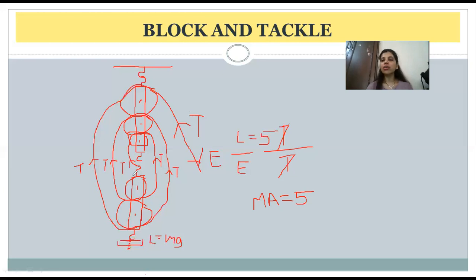And if it is even, the upper tackle and the lower tackle have the same number of pulleys. But when you're drawing the pulleys, the radius should be a bigger one, then a smaller one, then the smallest one, and like that it has to go in decreasing order. Here it has to go in increasing order.